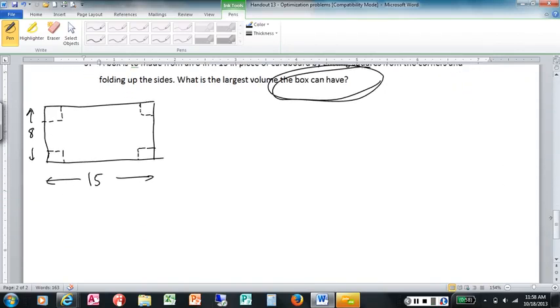the sides. So we'll have this, this, this, and this. So we'll remove these corners here, and then so that sets up something you can fold to make into a box. Okay? So we'll fold it up along these marks here.